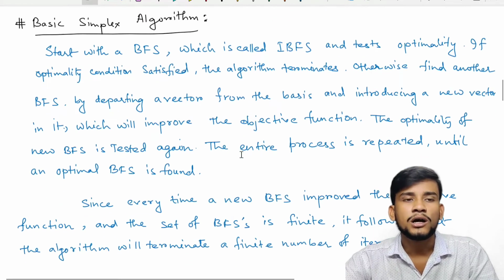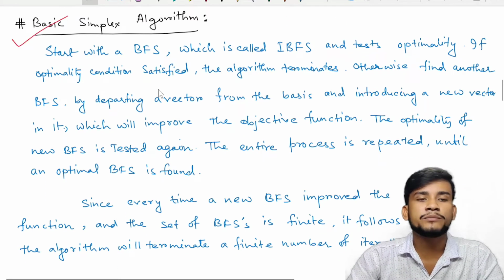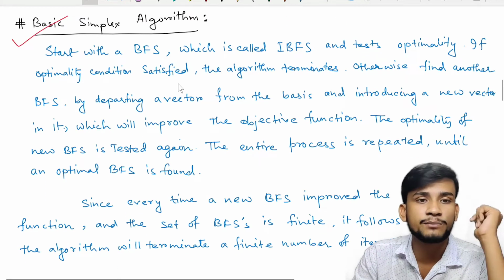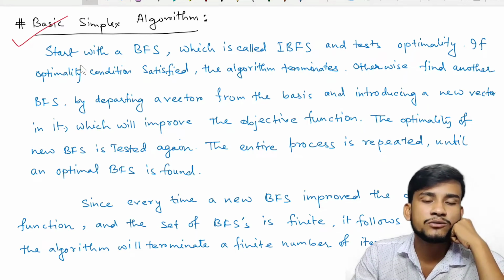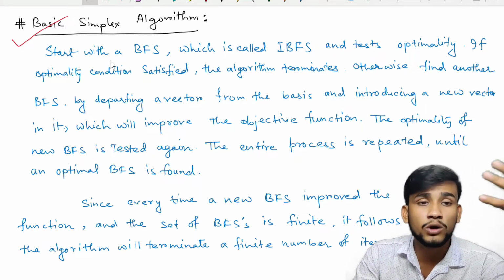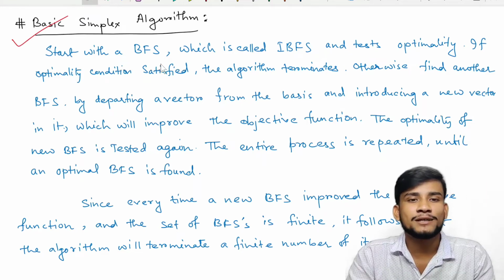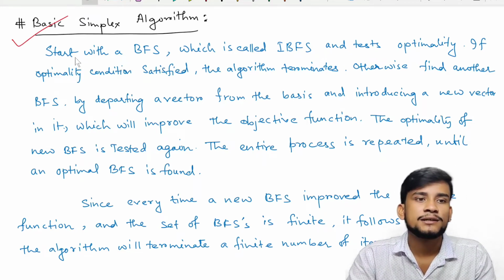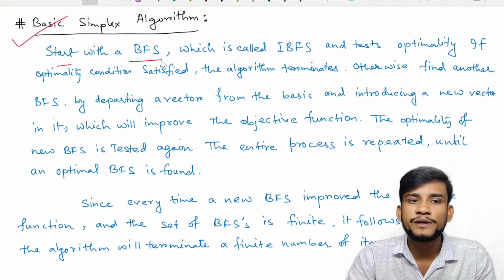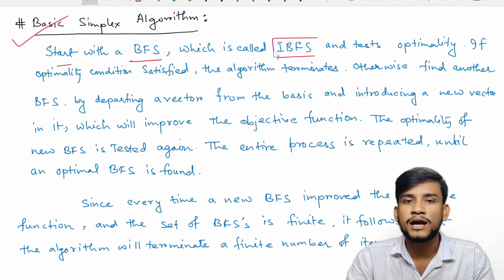Now the basic simplex algorithm. What is the basic simplex algorithm? See what work we have to do in the simplex algorithm. This is a summary. Start with a BFS, that is a basic feasible solution, which is called the IBFS. So first we have to choose an IBFS.